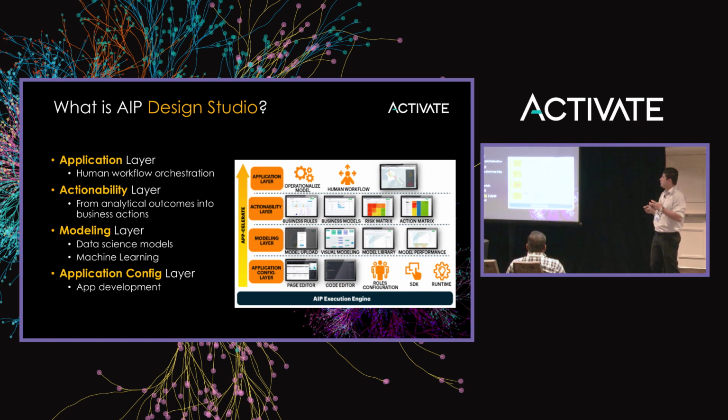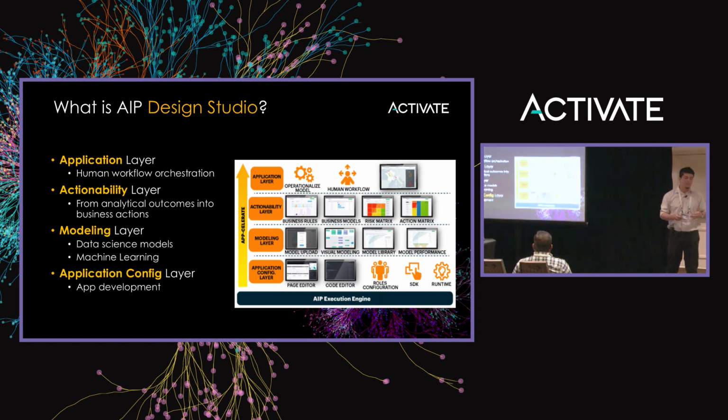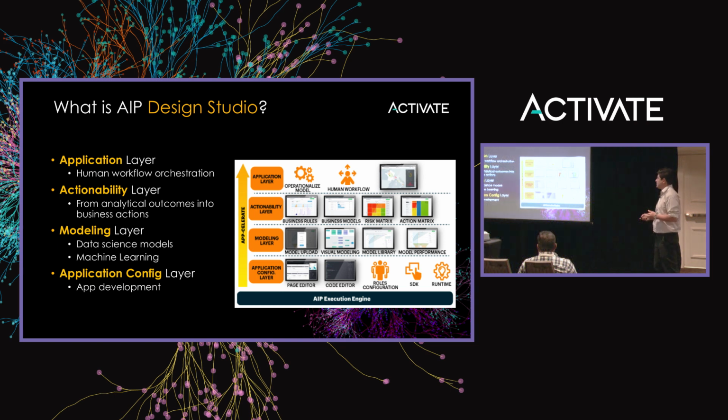So we have 4 different layers here in the Design Studio application. The very first layer, the application configuration layer, contains all the different tools that the developers need in order to configure all the different user roles, permissions, and how the pages are going to interact with each other. We can code all the different events that can happen between the widgets.